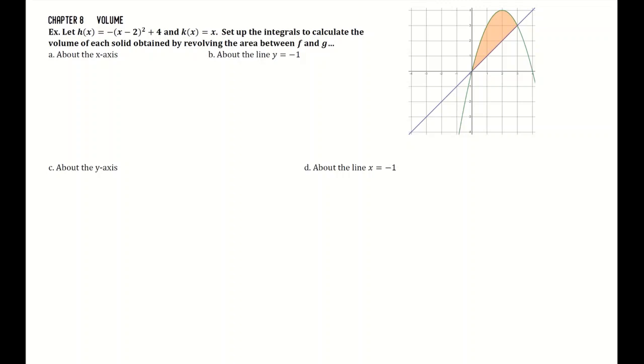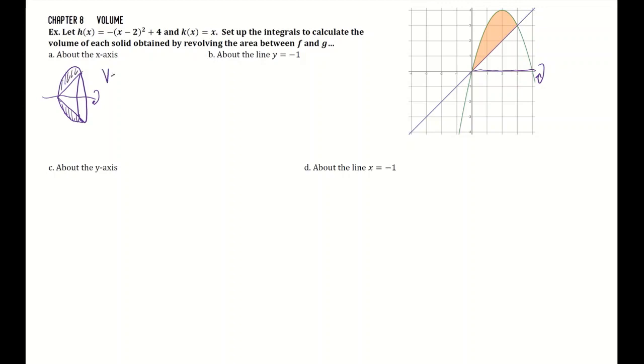So rotating around the x-axis. That is going to be the washer method, because of what you're going to end up with, and I'm going to do my best to draw what this is going to look like. When you rotate around the x-axis, it's going to look something like this, like a bowl on the outside with a cone cut out of it. All right, so I'm going to use the washer method.